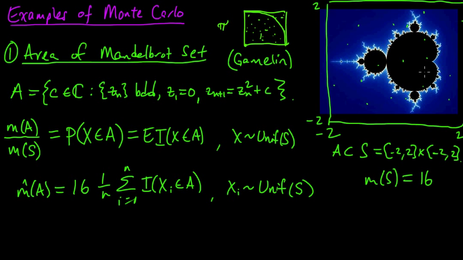So it looks like maybe 5 here. Count how many there were out of the total number of samples, n. Take that fraction, multiply it by 16, and that's your approximation for the area of the Mandelbrot set. So this would be a Monte Carlo estimator for that area.